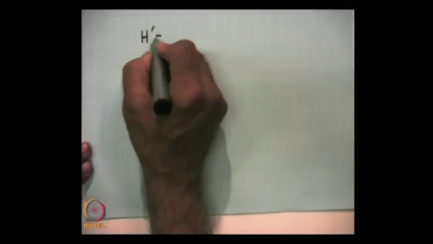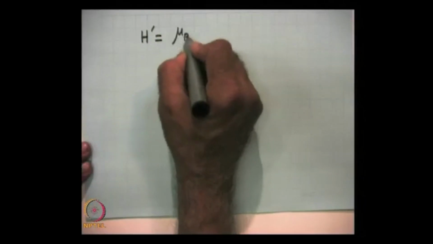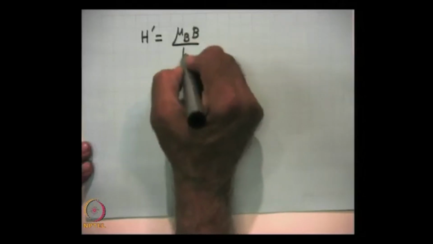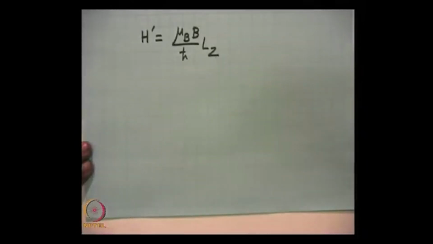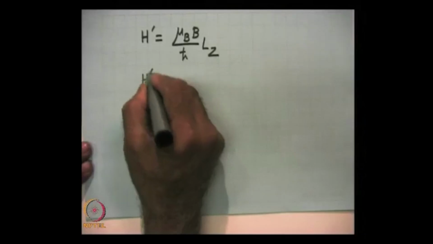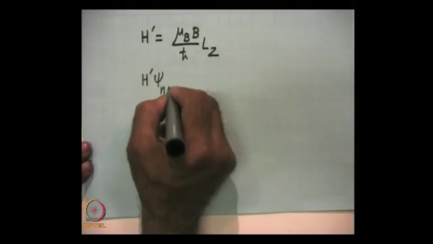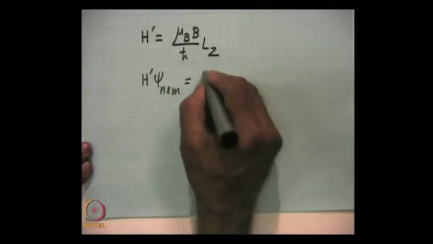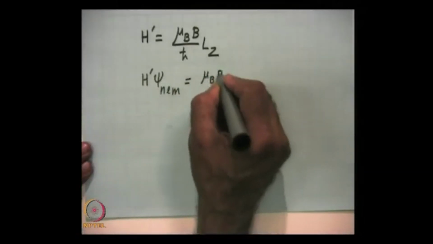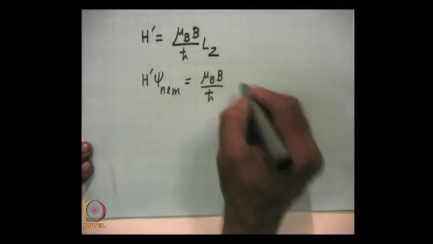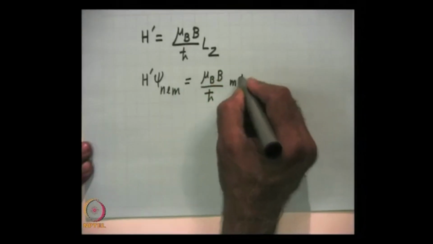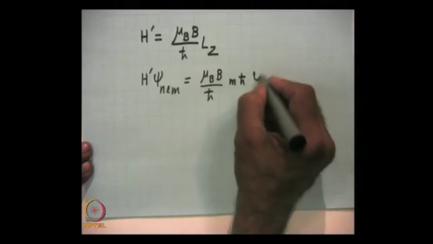So, what is H prime? As I said, this is equal to mu B B by H cross times Lz, because of just the orbital motion. Lz is the z component of the orbital angular momentum. So, H prime psi nLm is equal to that times Lz psi nLm, which will be mu B B times m psi nLm.